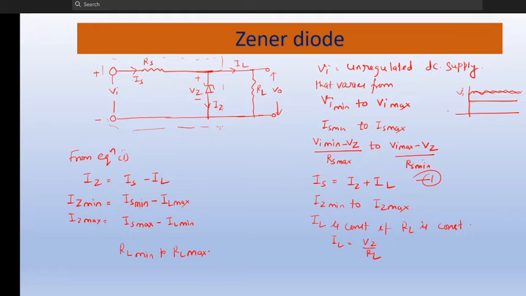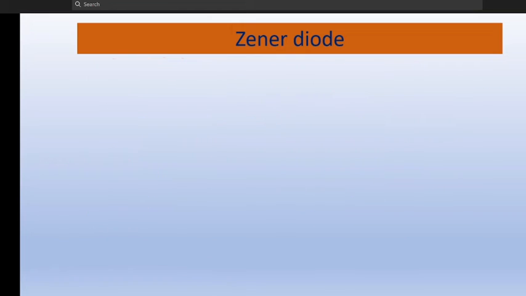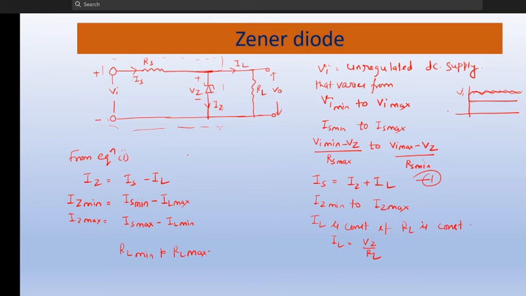Okay, I have already told about RS. RS can also vary from RS min to RS max, right? So now there can be three cases generally. Are you following this?